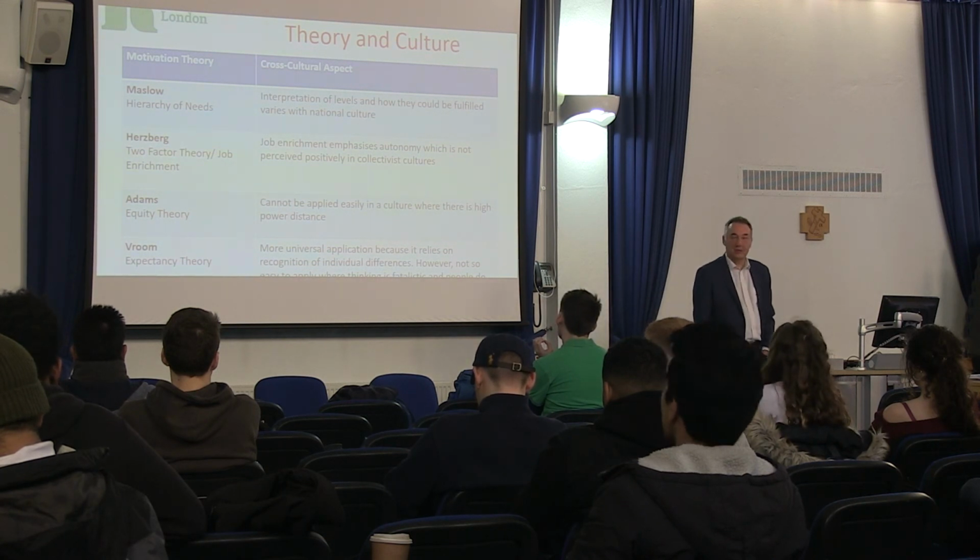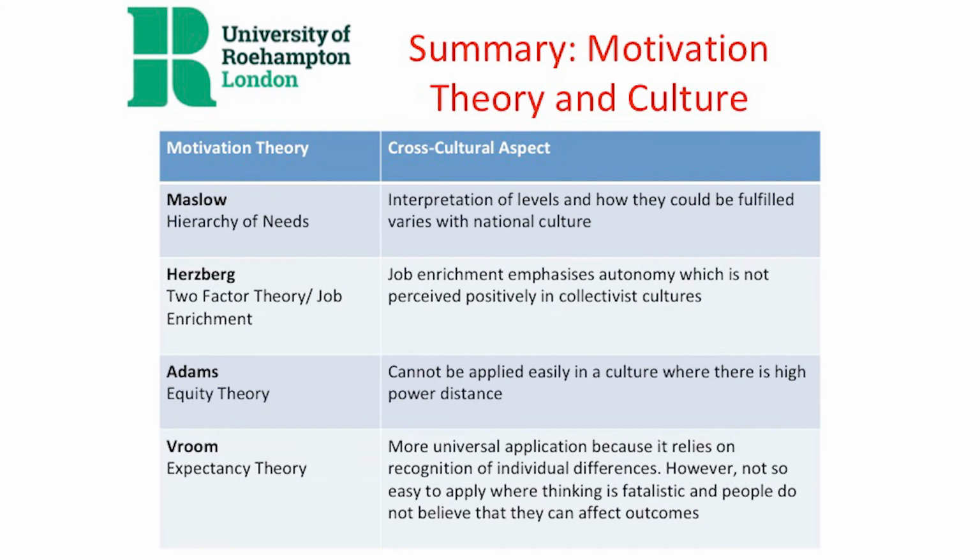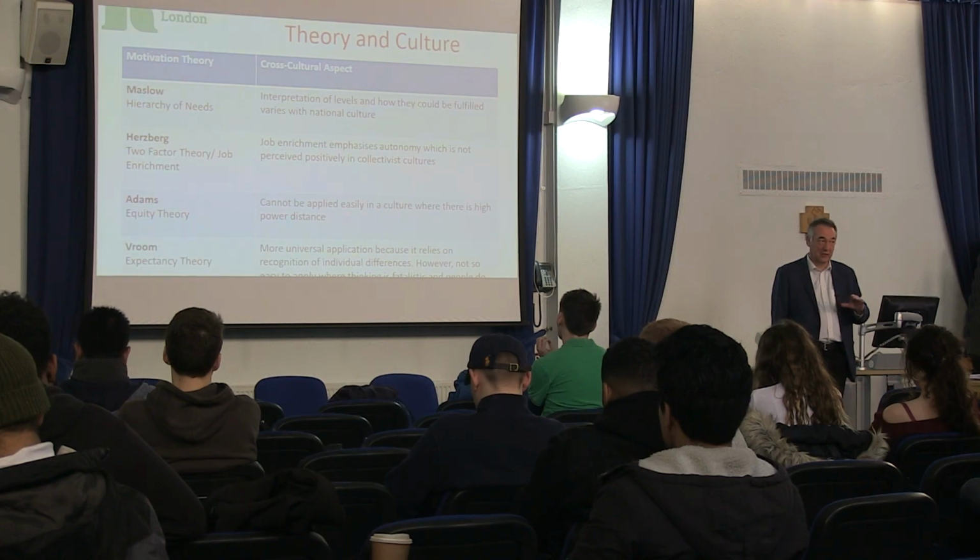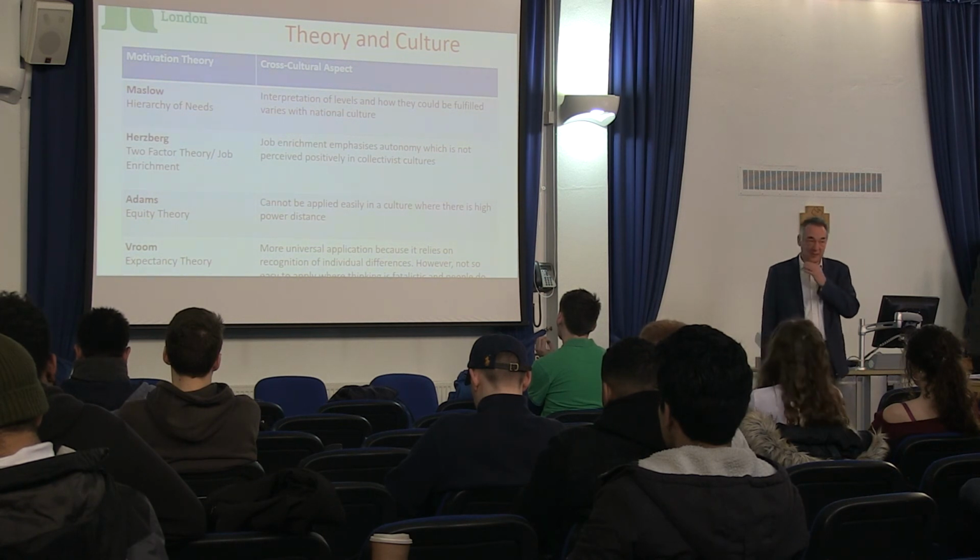If you feel, with the expectancy theory, that you can't really make a difference to things, if you feel that things just happen to you without you having any control over it, which is more the case in Chinese culture with Middle Eastern cultures, they're more fatalistic than Western cultures, then that expectancy theory isn't going to work so well.